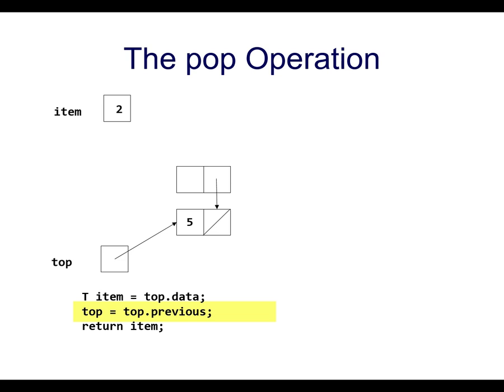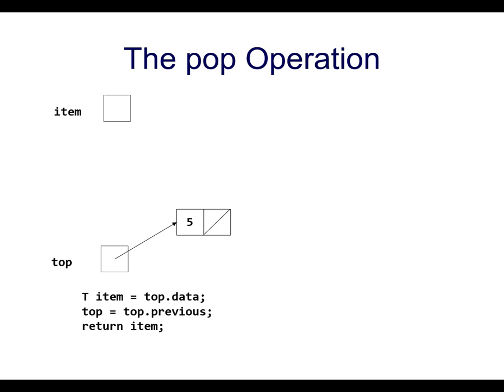Top is changed to what is currently in top.previous. This change means that top will now point to the first node rather than the second. Then the value that was saved in item is returned. Again, automatic garbage collection collects the now inaccessible node.